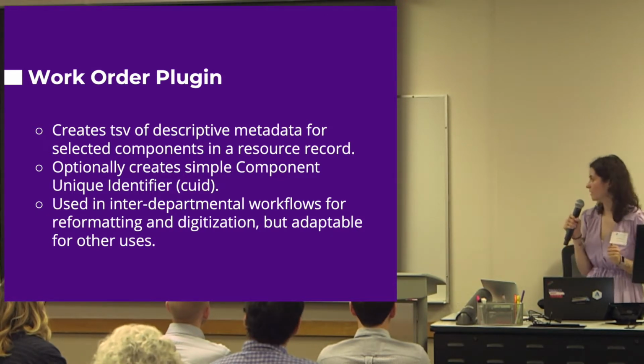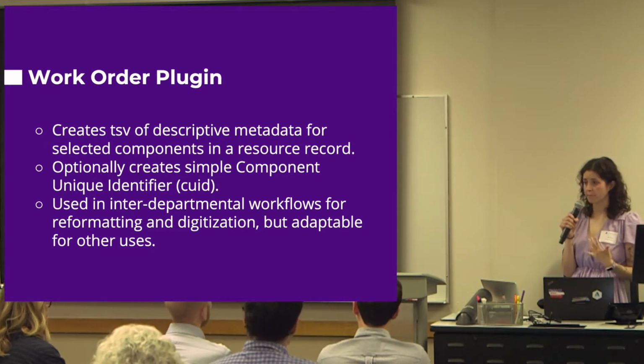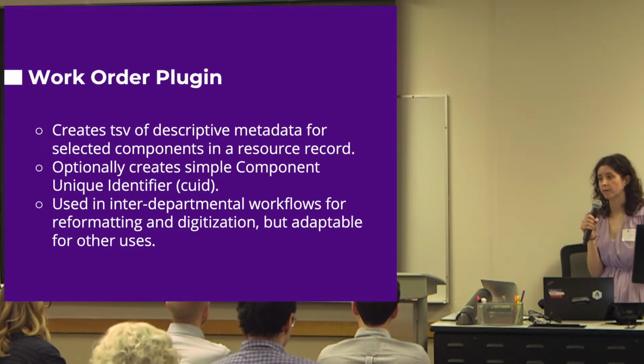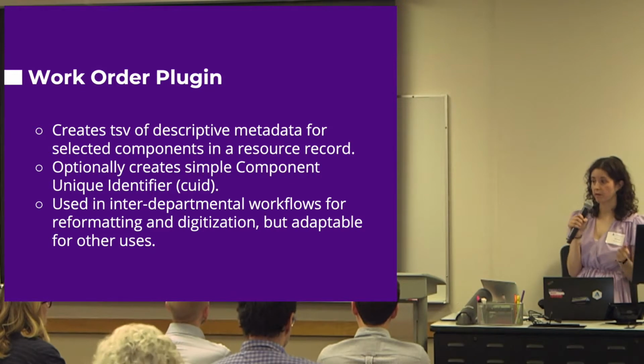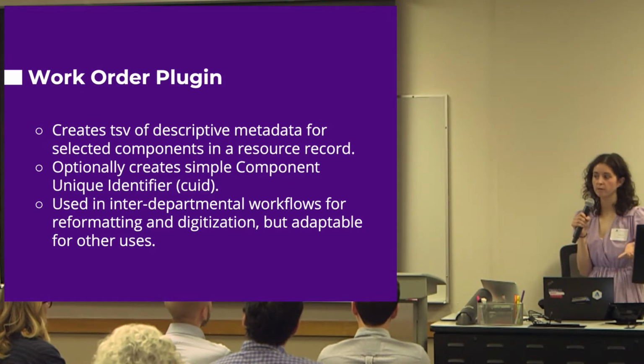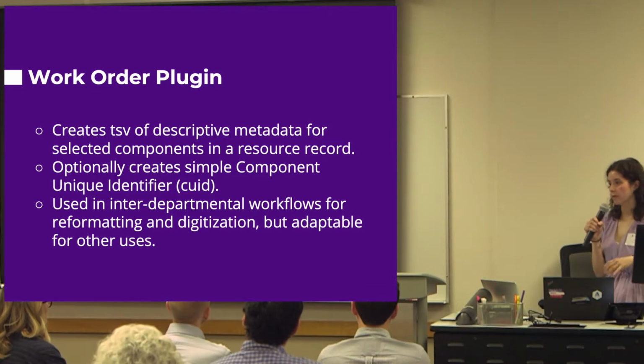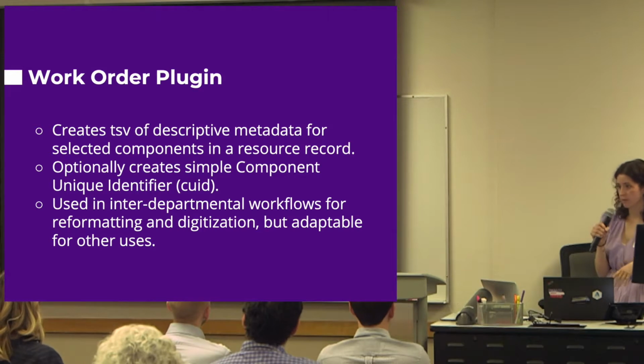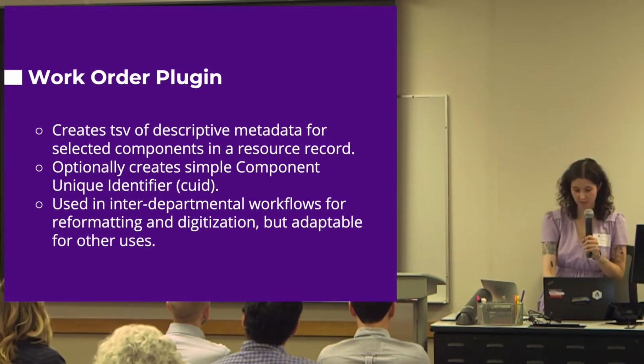And like I said, it's used in these workflows, but it's also very adaptable. So Weatherly earlier talked about using it to create item identifiers for artwork, but you could use it for, if you wanted a simple spreadsheet of lists in a collection to maybe give to a donor for reviewing restricted materials or exhibition, use your imagination.